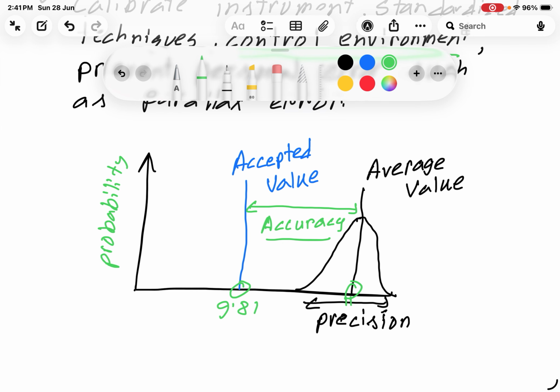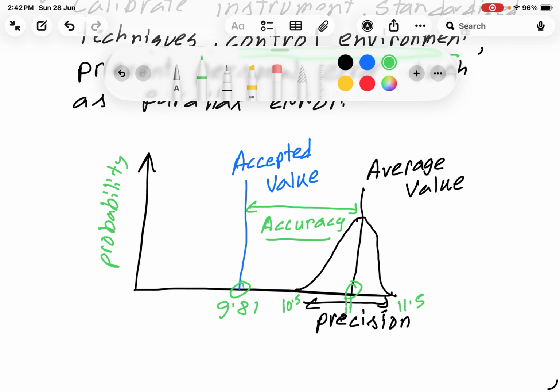And suppose for this result 11, the minimum value you got was 10.5, and the maximum value you got was 11.5. So this distance from 11.5 to 10.5, this one is the precision. So they're close to each other to 1 millimeter.